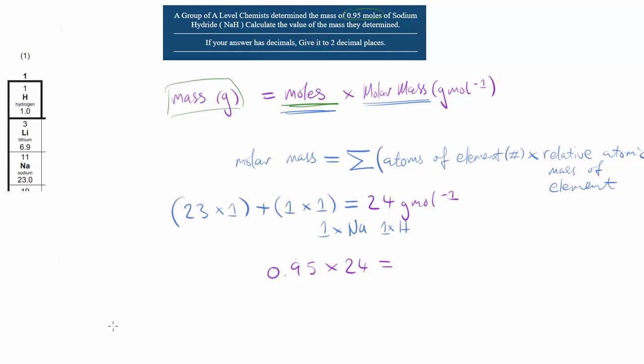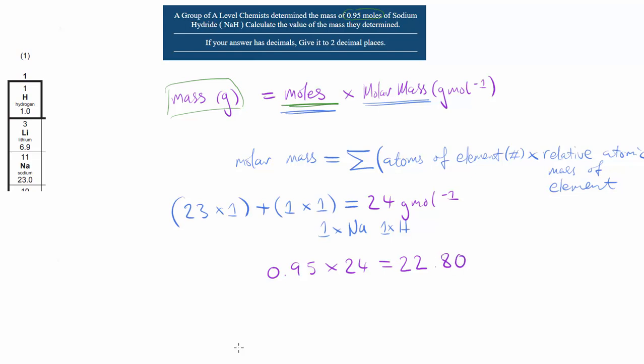And I invite you to have a go, work out what that is on your calculator. If you do work that out, what you should find is that it is equal to 22.80, right?